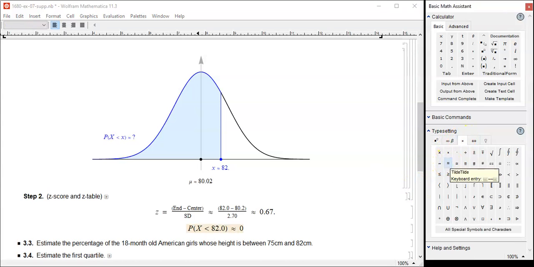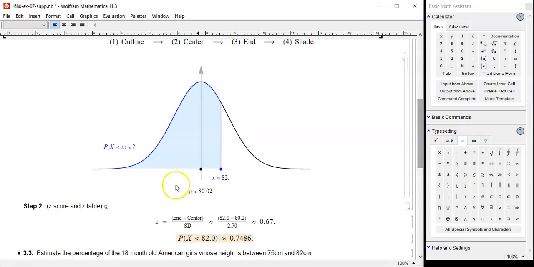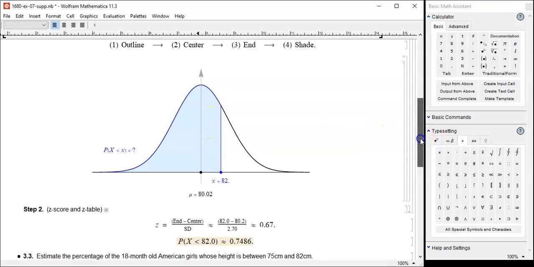Okay, that's it. Look at the picture. Does it look like about 74.86 or 75%? Right here is half, so this is 50%, and then I'll be more. So yes, it does look like about 75%. It looks okay to me.